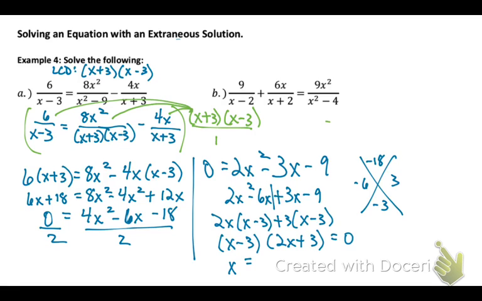So my two potential answers are positive 3 and negative 3 halves. Let me just rewrite this so you can see. Positive 3 is not going to work for me, because if I plug it in, I will get a 0 in the denominator. And negative 3 halves, though, will work for me.